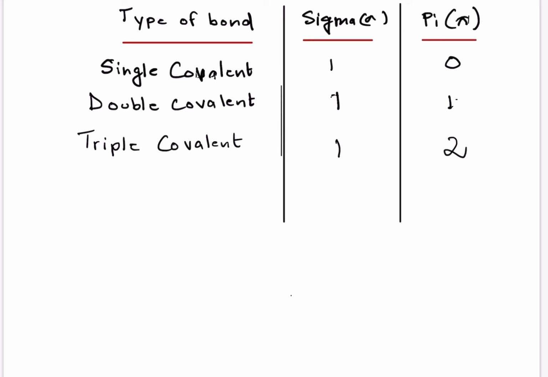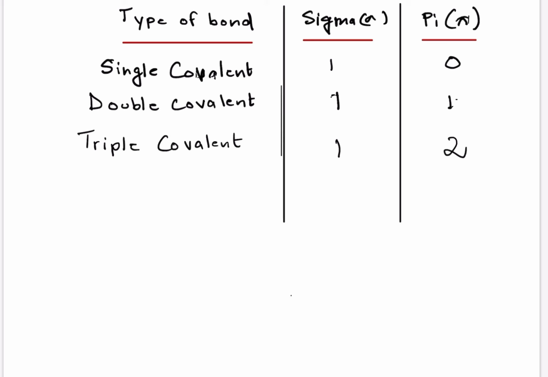So when we talk about a single bond, that is alkane, we will have only one sigma. When we talk about double covalent, that can be alkene. Sorry, the first one was alkane, a single bond. The second is alkene, one sigma and one pi. And alkyne, that is a triple bond, will have one sigma and two pi.